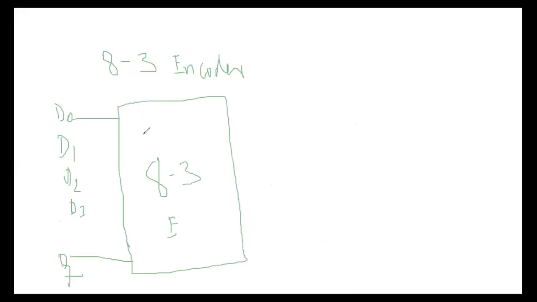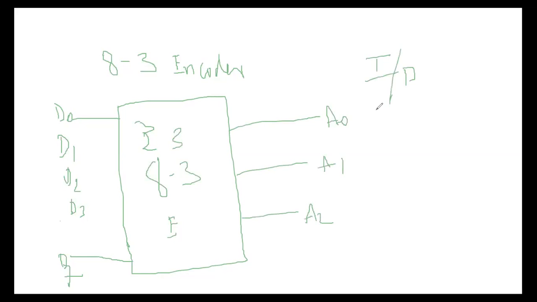8 means 2 power 3, with 3 outputs. The 3 outputs are A0, A1 and A2. Here the inputs are D0, D1, D2, D3, D4, D5, D6 and D7.